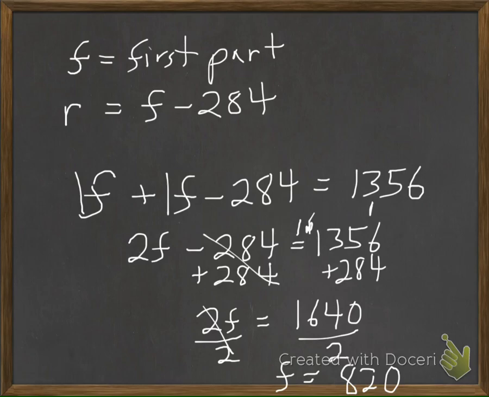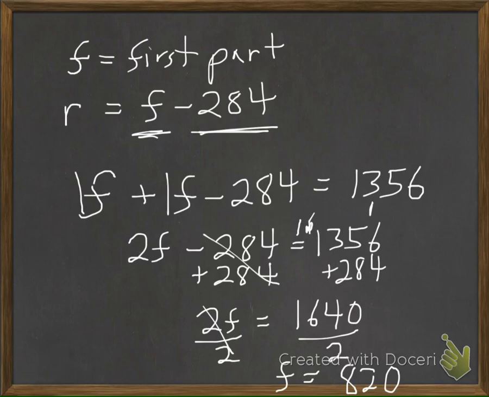Is that the answer to the question? No, because remember, F is the first part of the trip. And the question asks us, what is the distance of the return trip? So if you got 820 as your answer, then that means you wrote your equation right, you solved your equation right, you just didn't pay attention to making sure you were answering the correct question. They want to know the return trip, which is 820 minus 284.